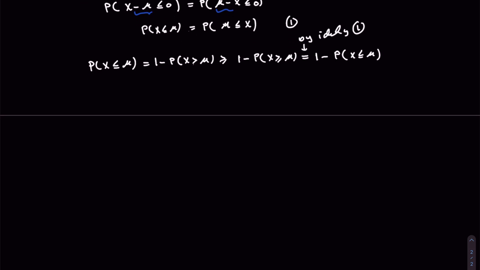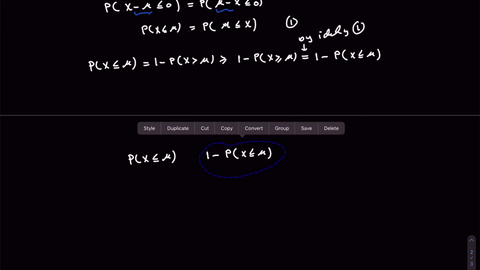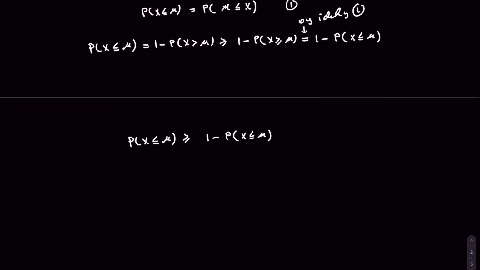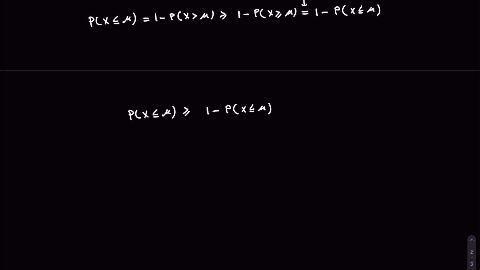All right, and if we now copy these terms here, this one and that one, and we know the left hand side is larger than the right hand side, we then push the right hand side term, this probability, to the other side.